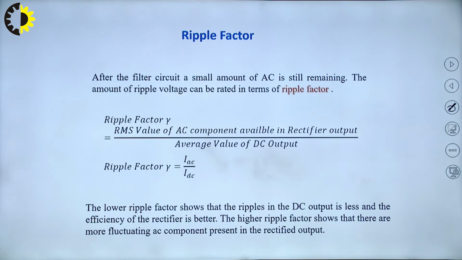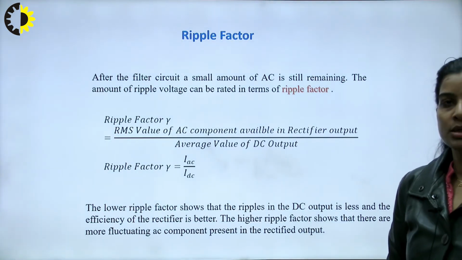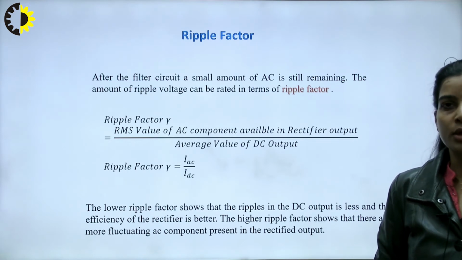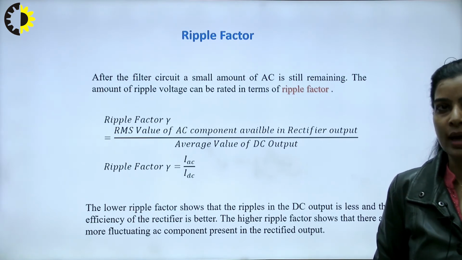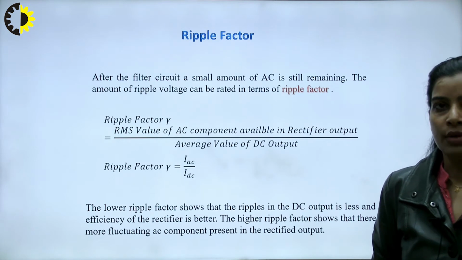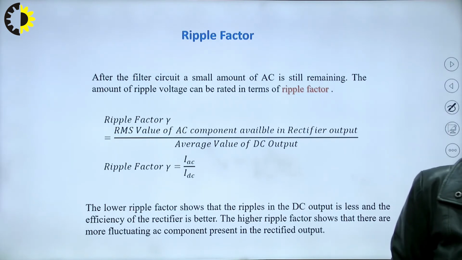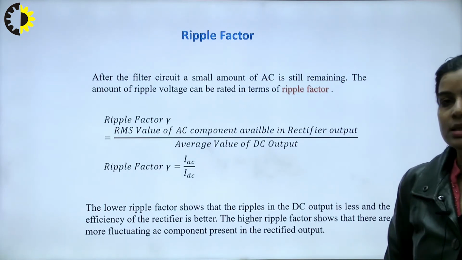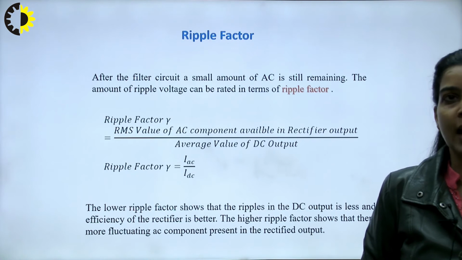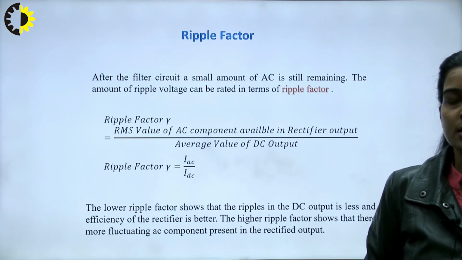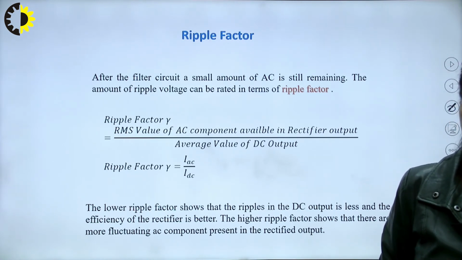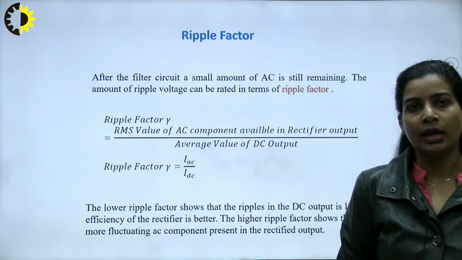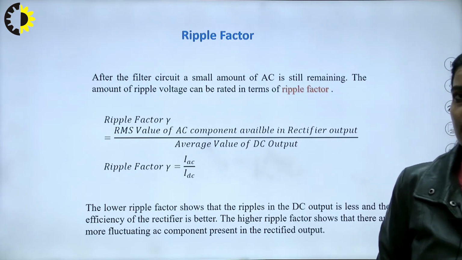Then the next important factor related to the rectifiers is ripple factor. What is ripple factor? As I told that as the half wave rectifier is converting an AC signal into a DC signal, that DC signal is containing some AC component also. So, the amount of that AC component is being defined by the ripple factor.